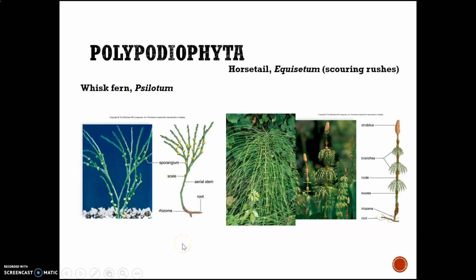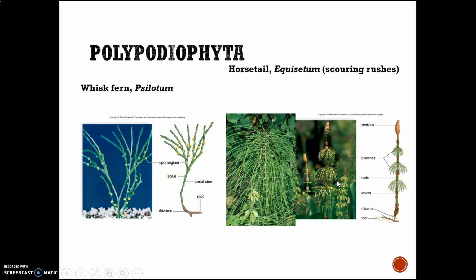Our first group of those are Polypodiophyta. That includes whisk ferns, which look very similar to the first fossil records of vascular plants. We've got horsetails, which are also called scouring rushes.